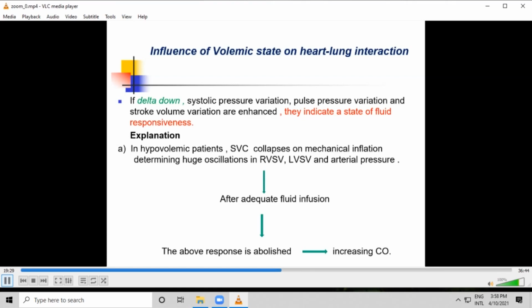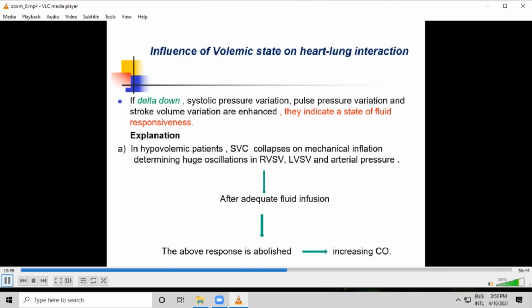In hypovolemic patients, the SVC, the superior vena cava, collapses on mechanical inflation, determining huge oscillations in the right ventricular stroke volume, left ventricular stroke volume and arterial pressure. After adequate fluid infusion, the above response is abolished, leading to increase in the cardiac output.